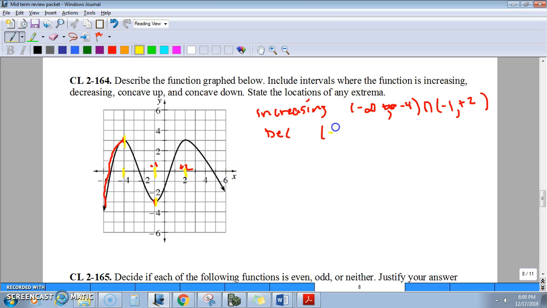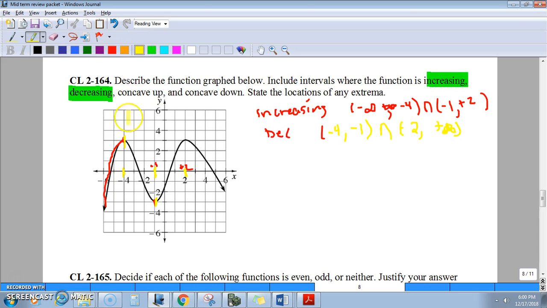So -4 to -1, and I need to make the and symbol, and +2 to +infinity. That's where it's decreasing. So we got where the function is increasing, and we got where the function is decreasing.